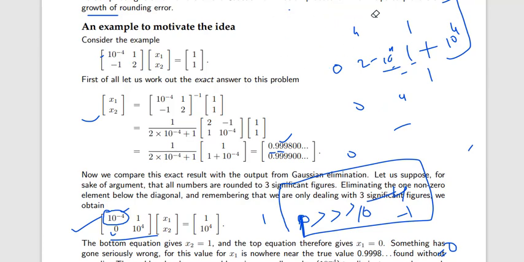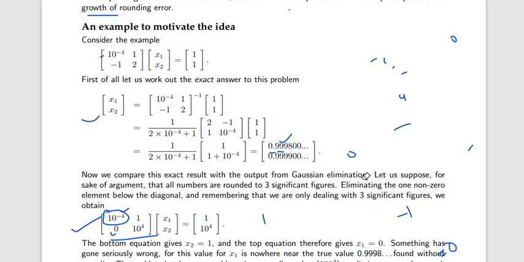So whenever in a linear equation there is a small number on top and a larger number at the bottom, then we will use partial pivoting. We will not directly use Gaussian elimination to solve the equation.